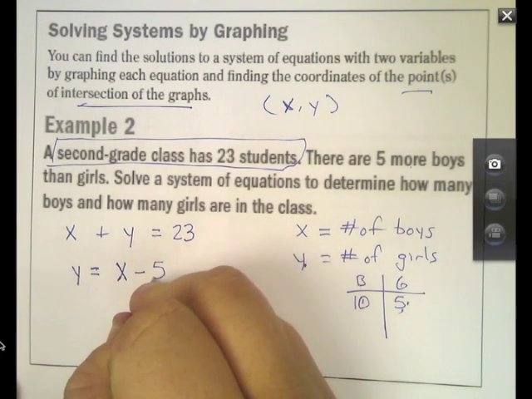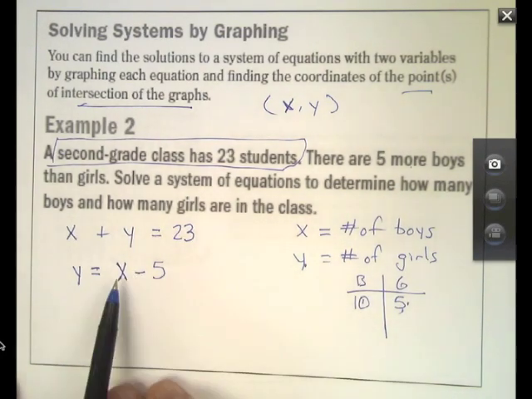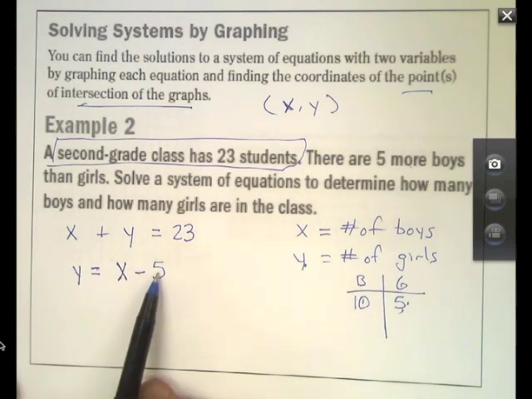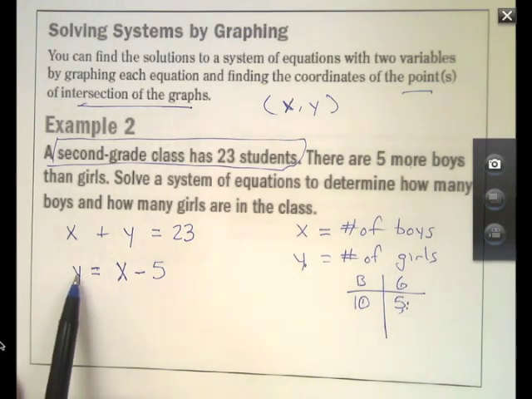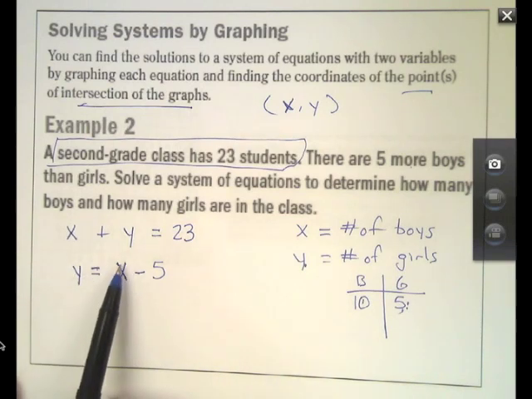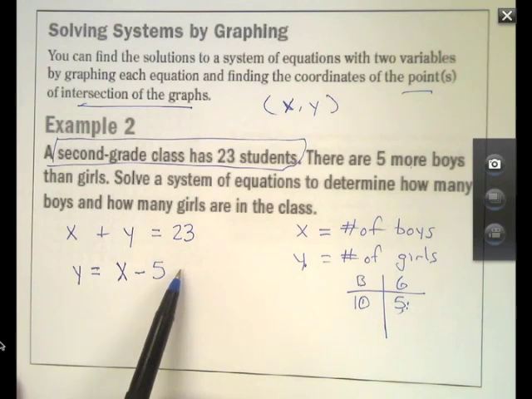Why subtract 5? Because if I put 10 in here, 10 minus 5 is 5. Is that how many girls I would have? Yes. So the girls' equation is girls equal the number of boys minus 5.